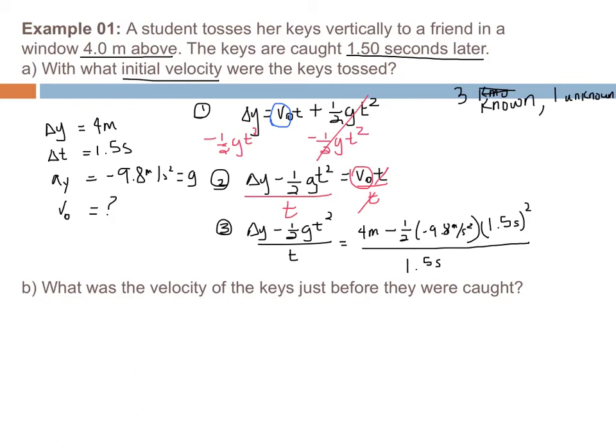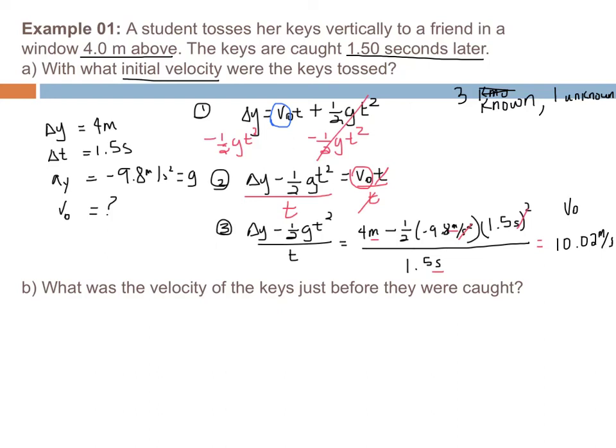Here, these seconds squared would cancel, and I have meters combining with meters, ending with meters over seconds. So our final answer is 10.02 meters per second. 10 is fine as well. So this is our initial velocity.